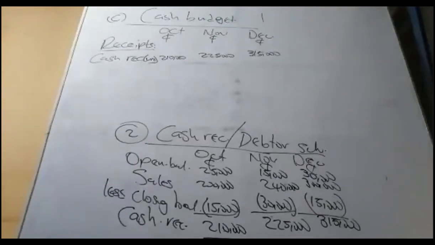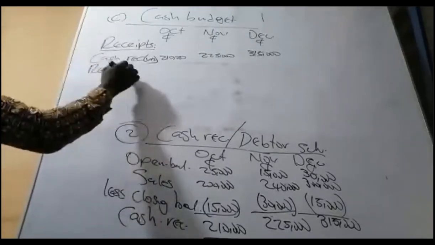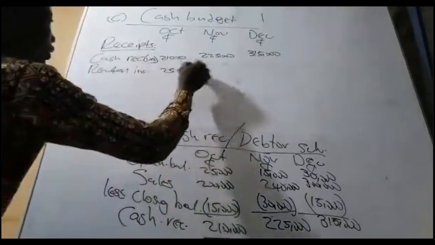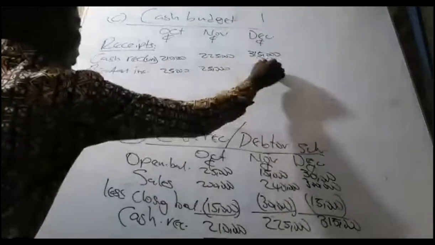So the next receipt will be the rent. That's the other. So the rent is 25,000, right? So rental income of 25,000, 25,000, 25,000.